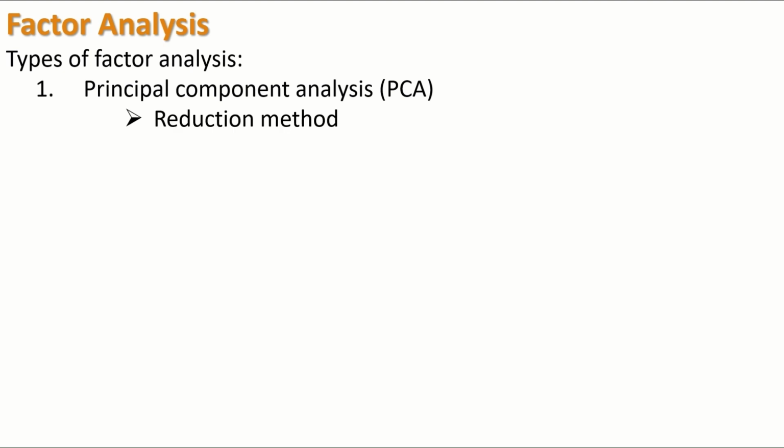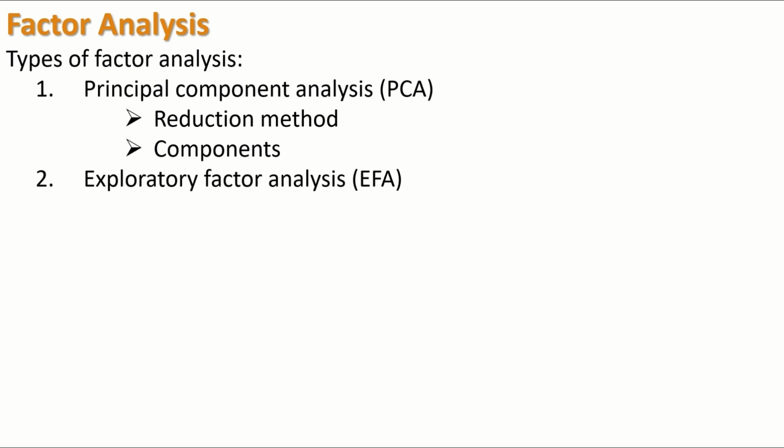It is a reduction method, aims to reduce the number of items from a survey or a questionnaire or a scale or an instrument. It is designed to try to find a correlation between those items or questions and then group them into a component, and that's why it is called principal component analysis.